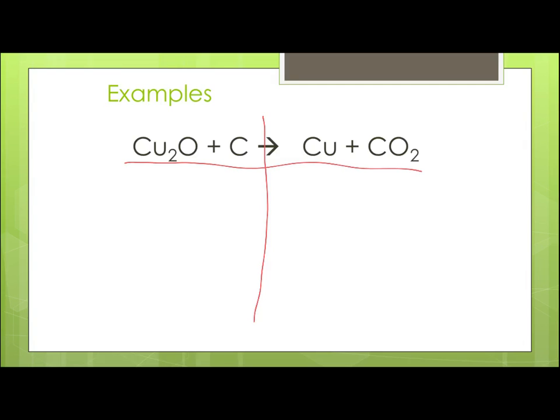We're going to start with the first element, which is Cu, or copper. We then have oxygen, and then we have carbon. The third step says write the same list on the other side. So I'm going to take the same list from the left side and write that over on the right side.